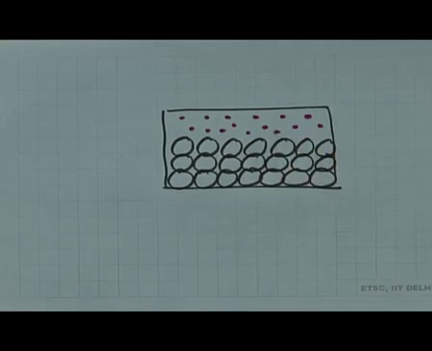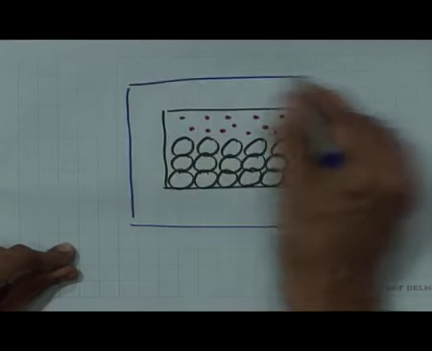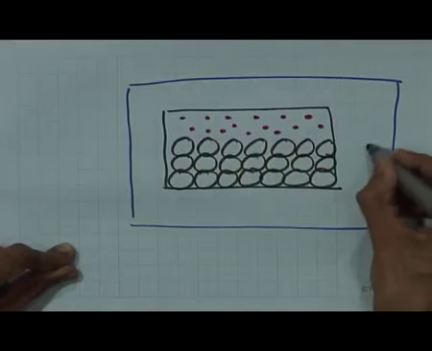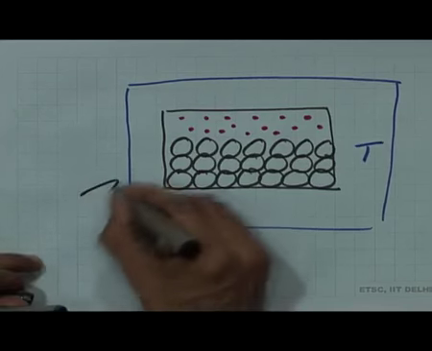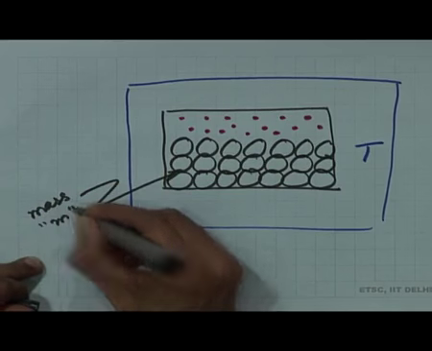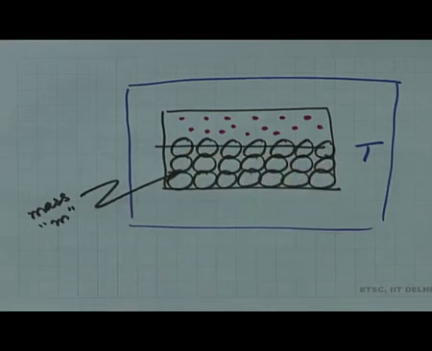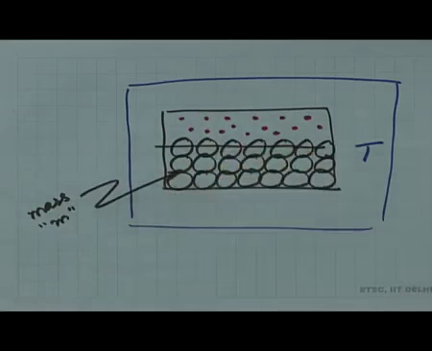And let us imagine the situation where this whole thing sits in a container at a particular temperature T. So, I have some mass of solid, the one which has this surface here, and some amount of gas, also a known mass, on top of the solid, and it is in an enclosed container.